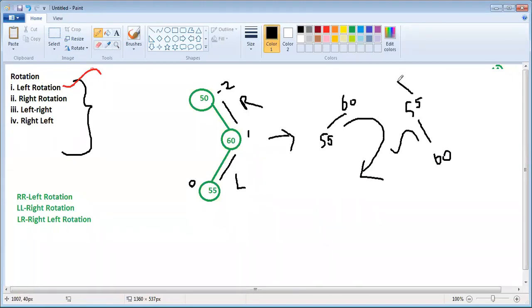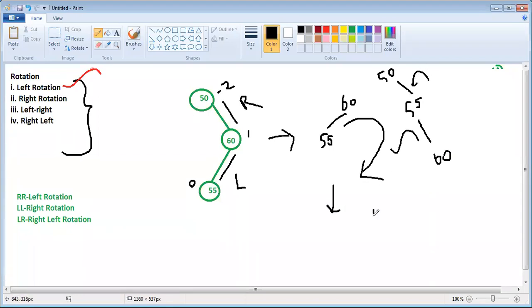Now you can bring up the value 50. Again, what you have to do? Now it is right, so obviously you have to do the left rotation. Keeping this as the mid node, you rotate this to the left.